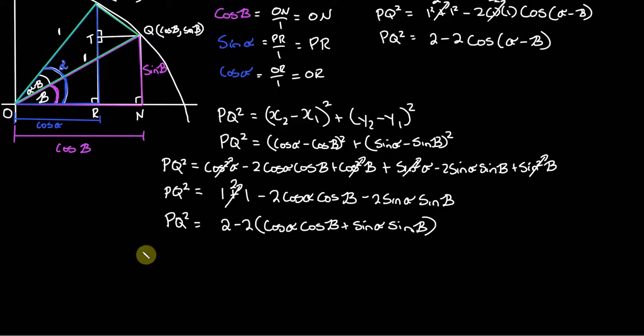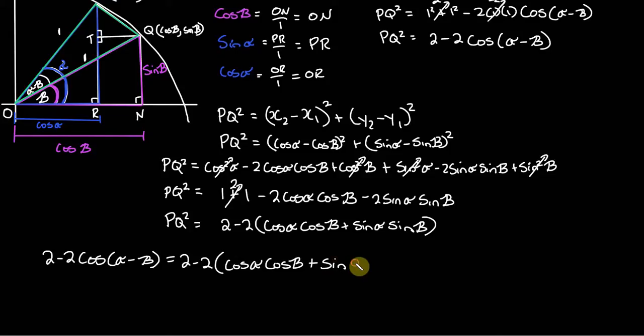And so we get, let's write this first expression here, 2 minus 2 cos of alpha minus beta, set that equal to all of this right here, 2 minus 2 cos alpha cos beta plus sine alpha sine beta. And we should be able to cancel something, I suspect. Let's look. What can we cancel?